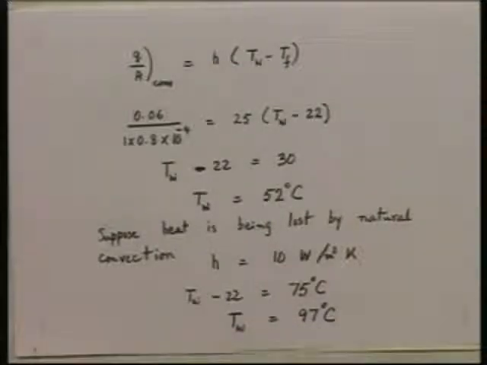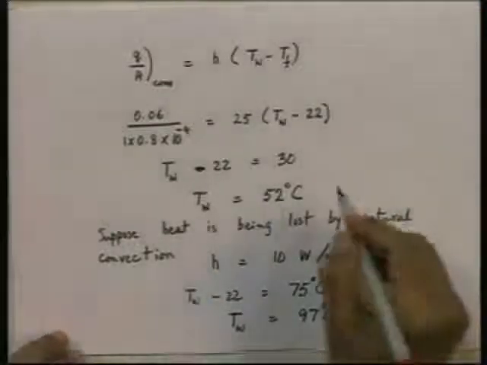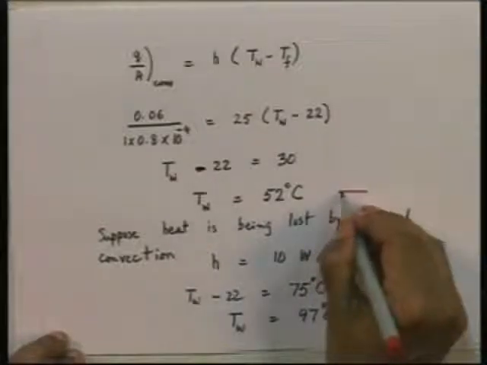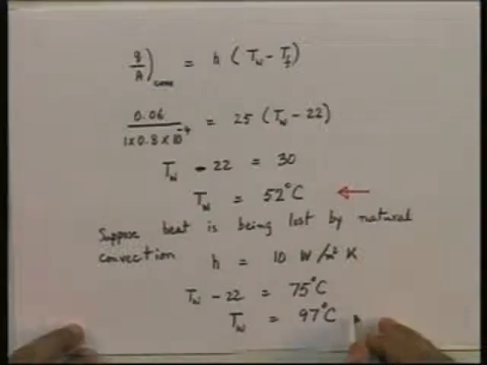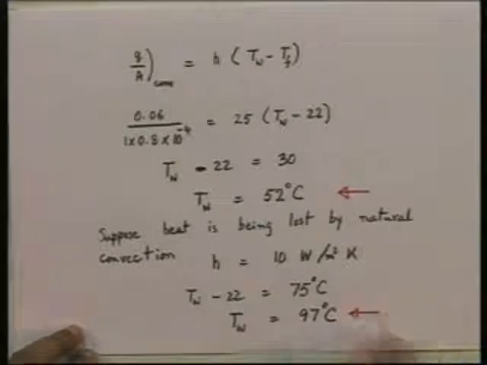So, if it is a forced convection situation, the answer that I got earlier was TW equal to 52 degrees centigrade. If I have a natural convection situation, the value of TW would be 97 degrees centigrade.